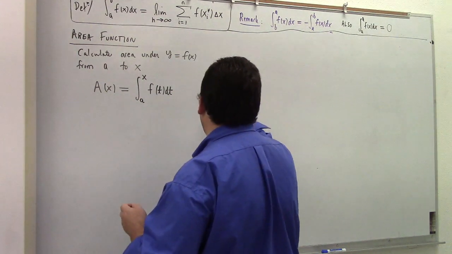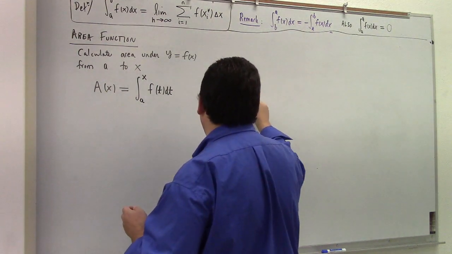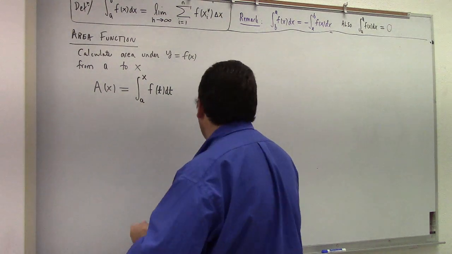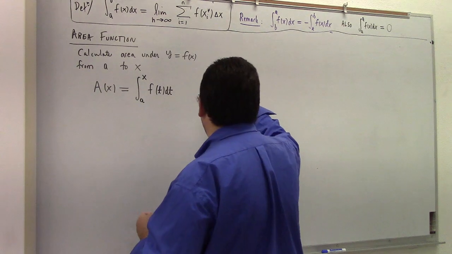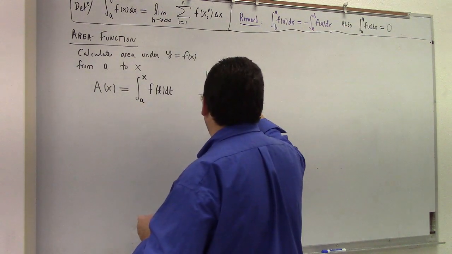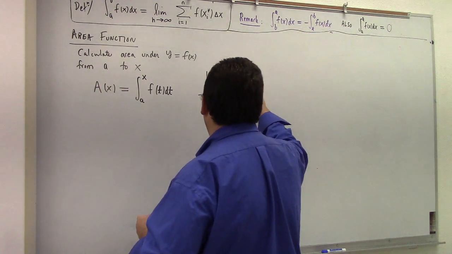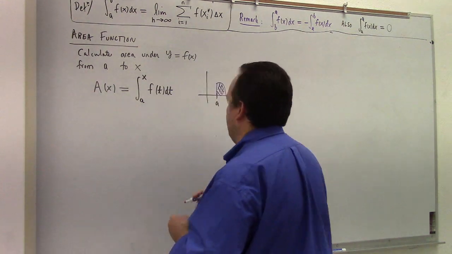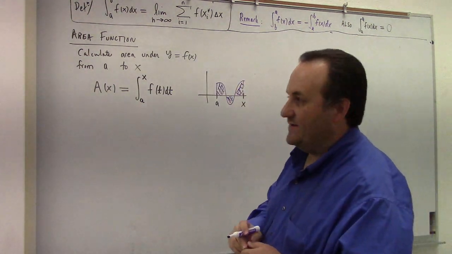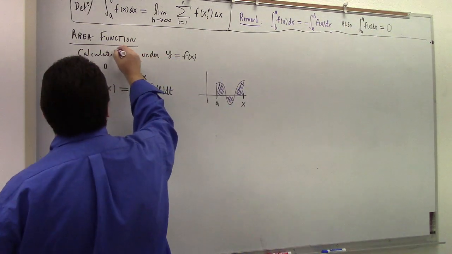Like here's a picture, a, x, where maybe the function looks like this, I don't know. So we're calculating the signed area from a all the way to x, right, actually. So to be honest, I should really say signed area.